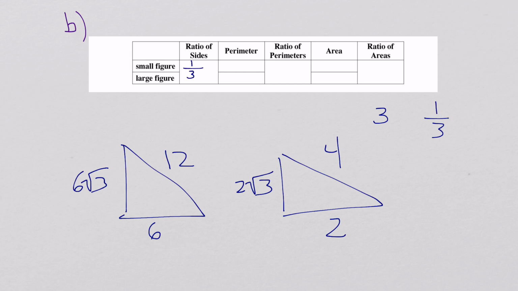Our perimeter of the small figure, add them all up. The small one is 4 plus 2 plus 2 root 3, and I get approximately 9.46.